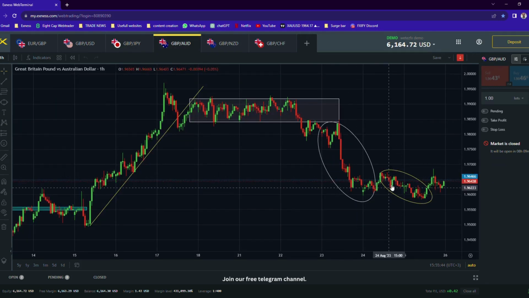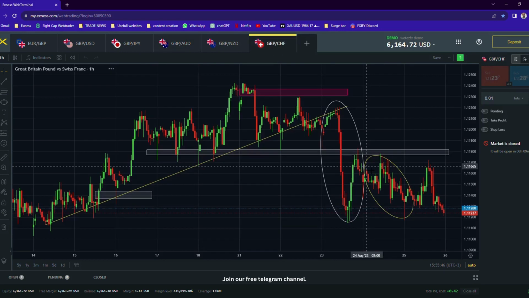GBP AUD on 24th, GBP had a range, so there was nothing there. GBP Swiss francs on 24th at 9, there was an entry, but it didn't work out properly. But as you can see, at the end of the day, you had something around 30 pips, but the risk was a little bit high for this one.